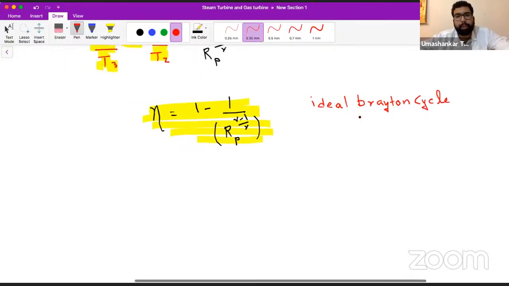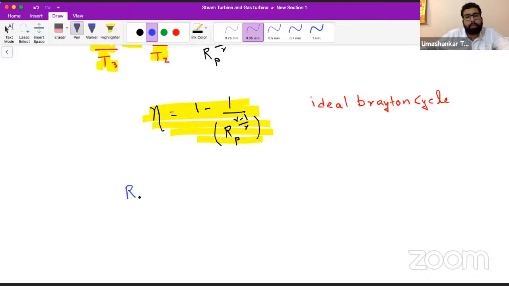All right. So from this, can we have some observations too? If I increase the pressure ratio, can I say my efficiency will also increase from this relation? If we increase this term, definitely this term will decrease and this term will increase.